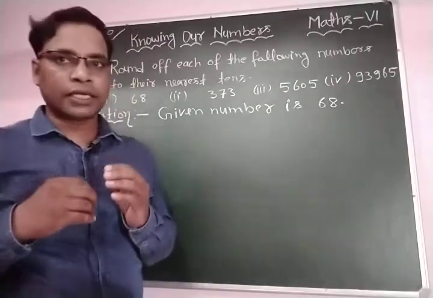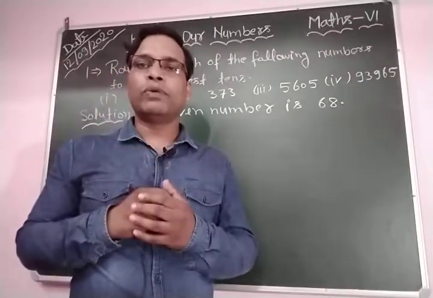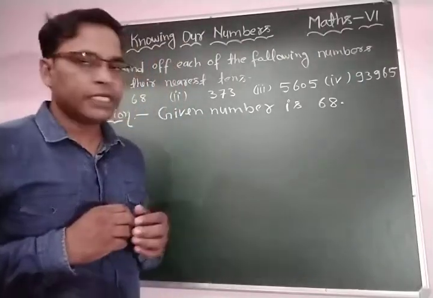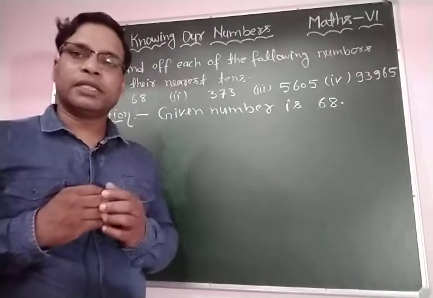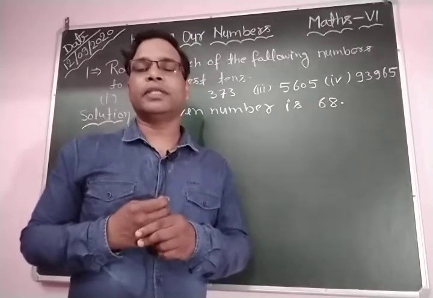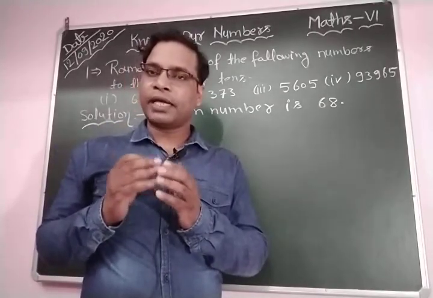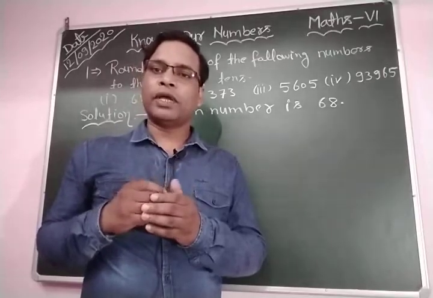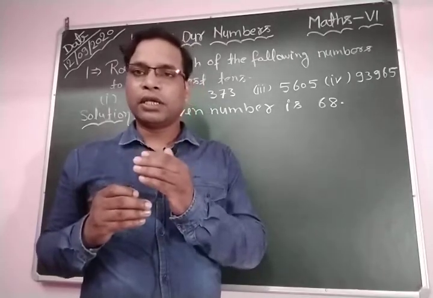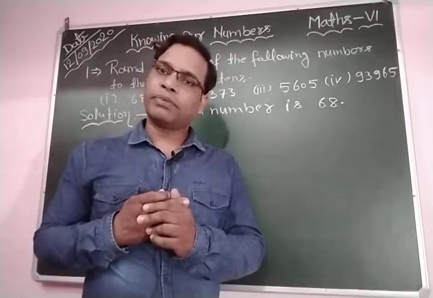For rounding off to the nearest tens place, we check the ones place digit. If the ones place digit is less than 5, then we replace the ones place digit by 0. If the ones place digit is 5 or greater than 5, then we also replace the ones place digit by 0 and increase the tens place by 1.